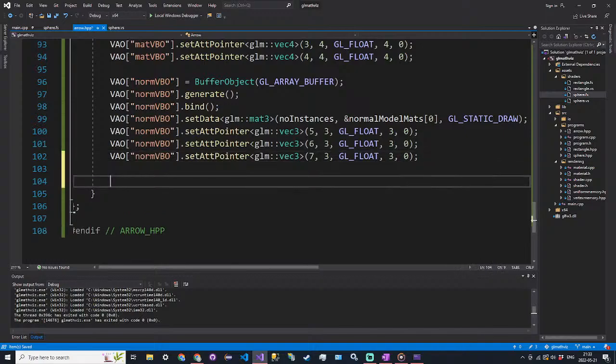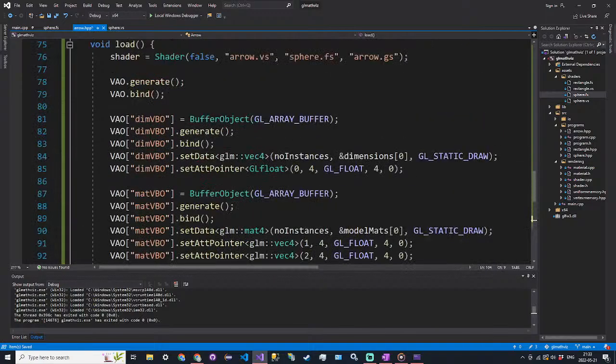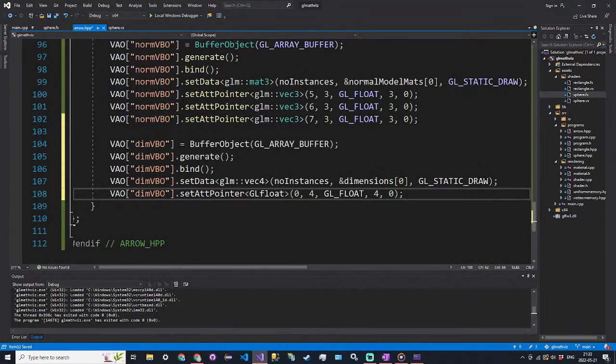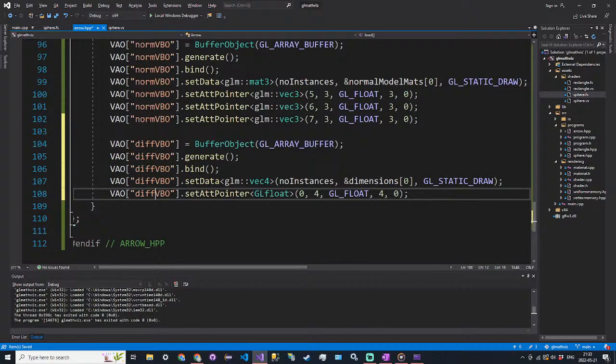And then now we have colors. I'm actually just going to take the dim VBO and copy and paste it. And I'm going to rename it diffuse VBO. And the data is going to be 3, so a 3D vector. So we need 3 GL floats, and we jump 3 to get to the next one.